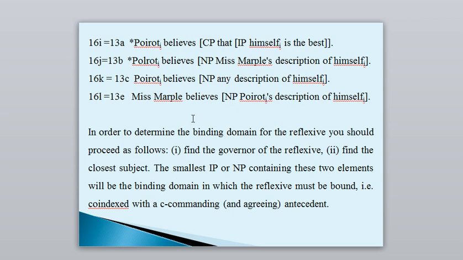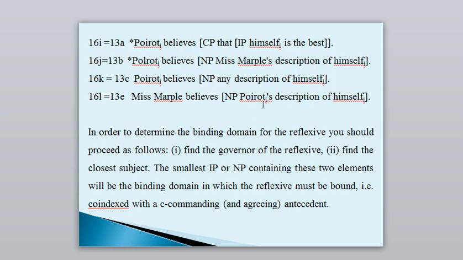In order to determine the binding domain for the reflexive, you should proceed as follows. First, find the governor, the antecedent of the reflexive, like for example in this example, Poirot is the antecedent or governor of himself. Second, find the closest subject.